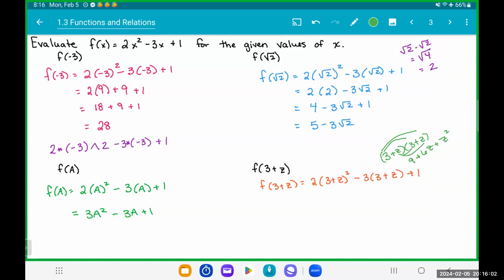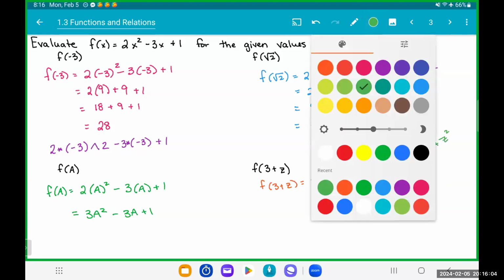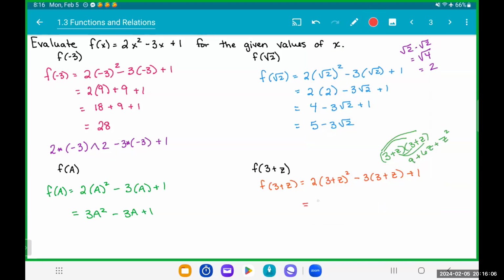So that is 2 times (9 plus 6z plus z squared). This we can just distribute. The -3 times 3 is -9. -3 times z is -3z. And then we have that +1 out there.